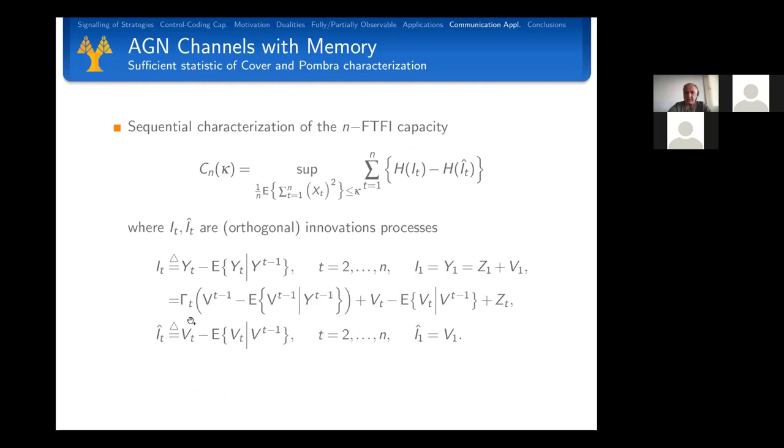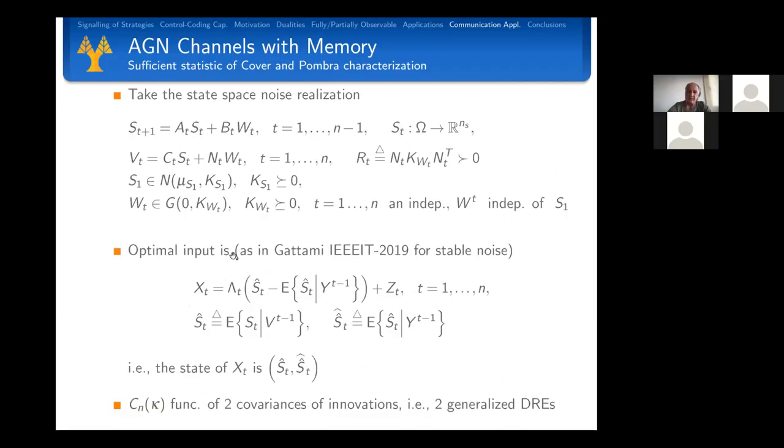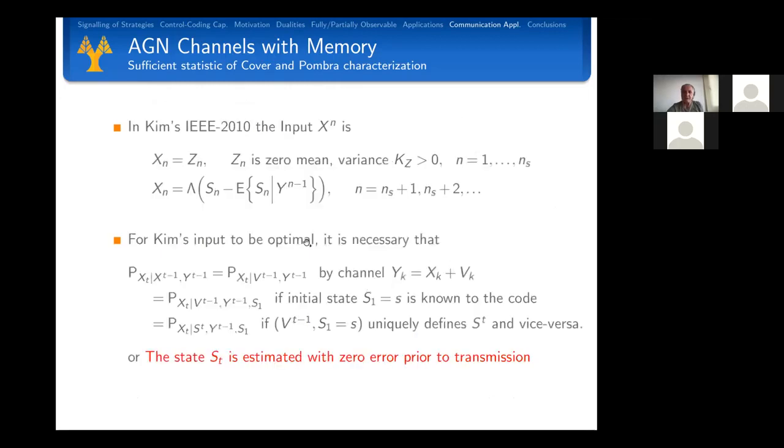One is the innovation of the output, and the other one is the innovation of the noise. If you go one step further and you use the noise as a state space, then these things become simpler. Basically, the state of the noise is this guy and this guy. And the optimal input, although we use a different method, is basically the same one that was pointed out by Gatami in his 2019 paper for stable noise. Okay, so there are two covariances, two innovation processes.